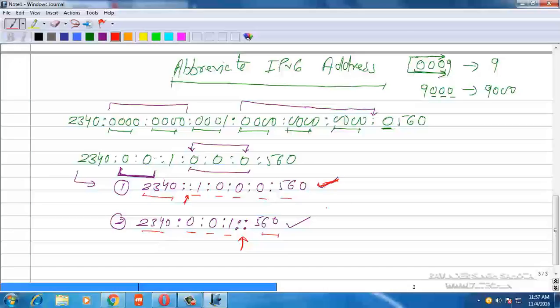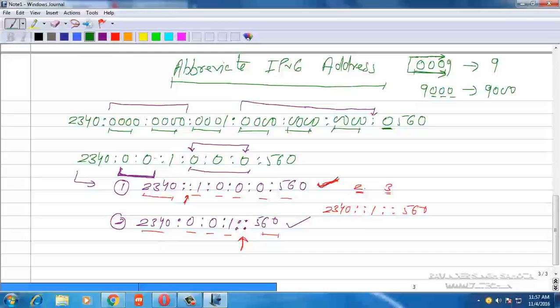Say if we reduce both the continuous quartets, it will become 2340 double colon 1 double colon 560. Here we have reduced 2 and here we have reduced 3. If we look at this address, it will be impossible to decipher where.